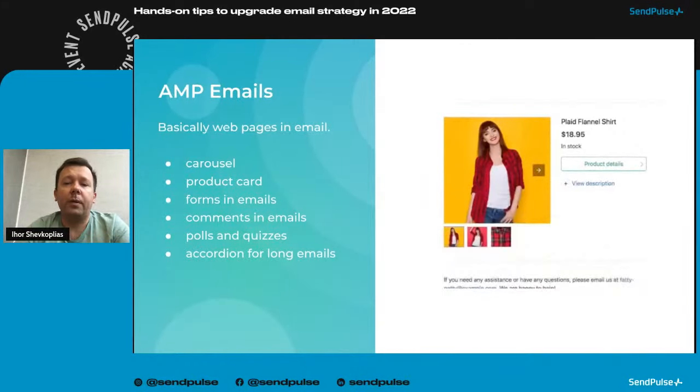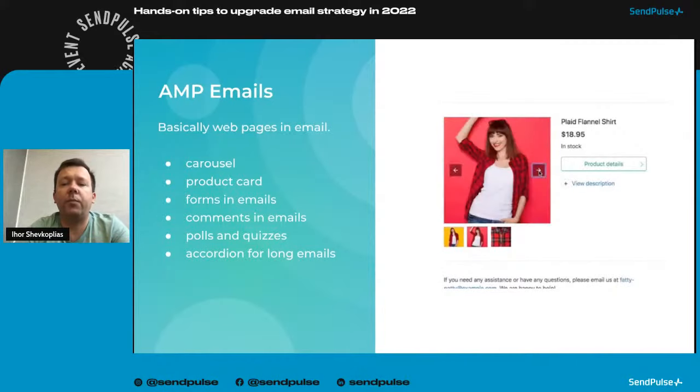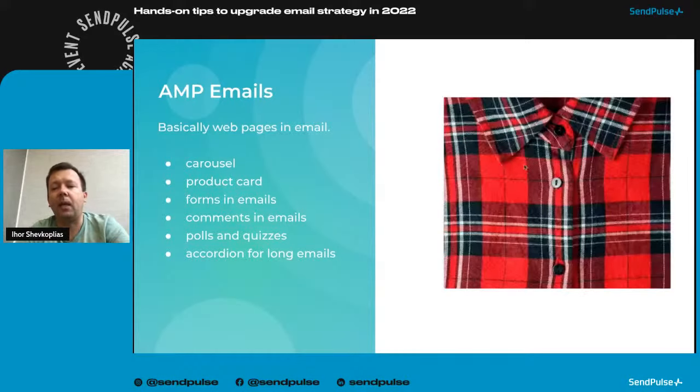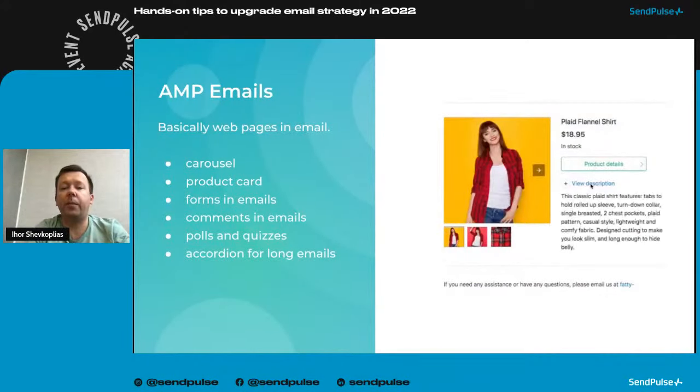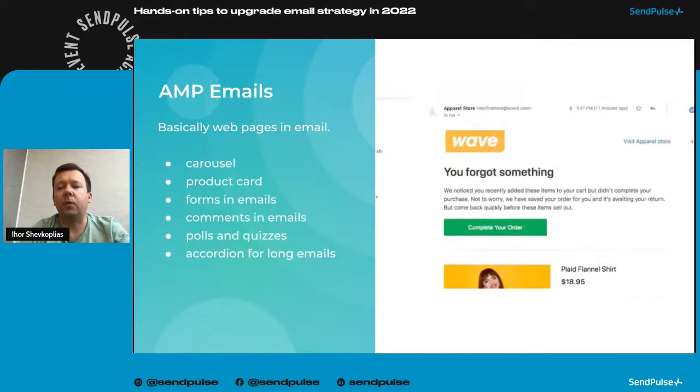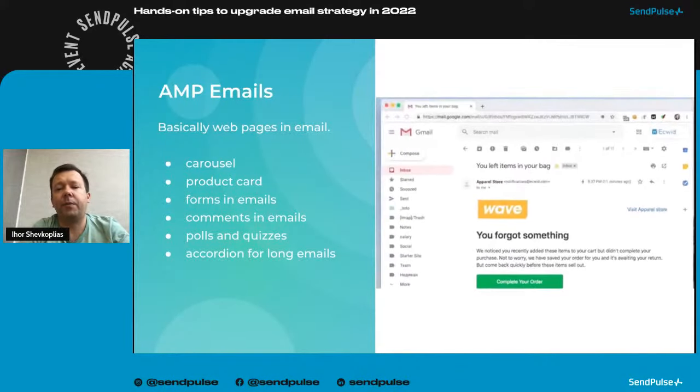And a more advanced way to add interaction to your emails is creating an AMP version of the email. AMP stands for Accelerated Mobile Pages, and in fact, your email becomes a web page, so people can really interact with that page.